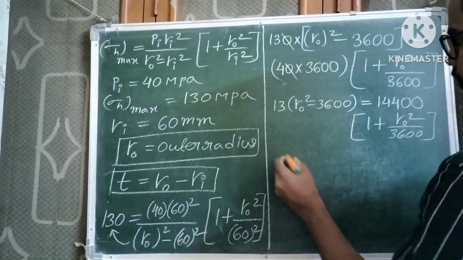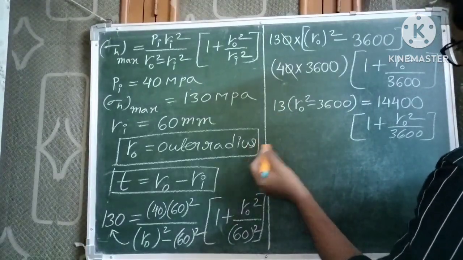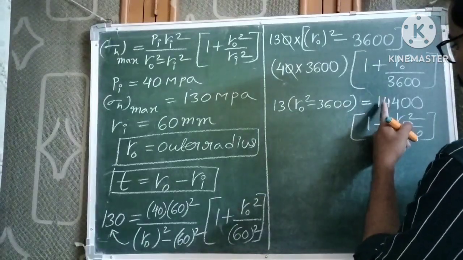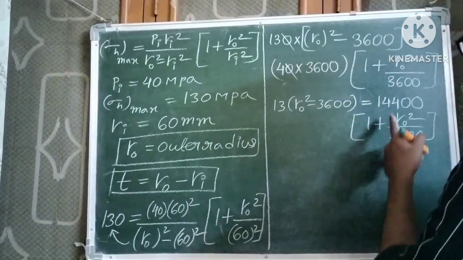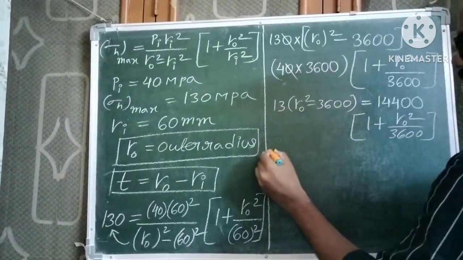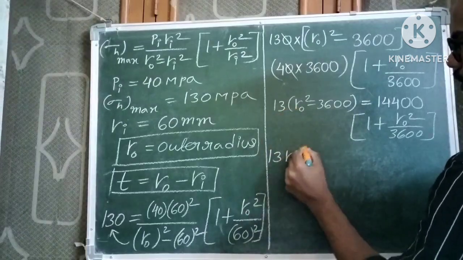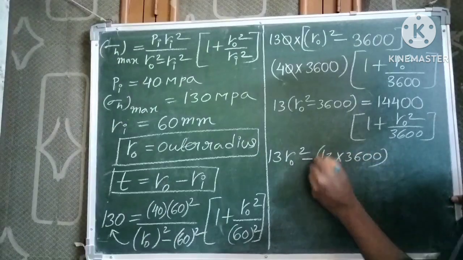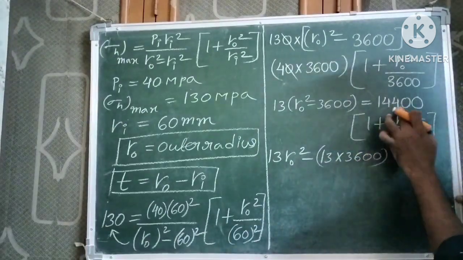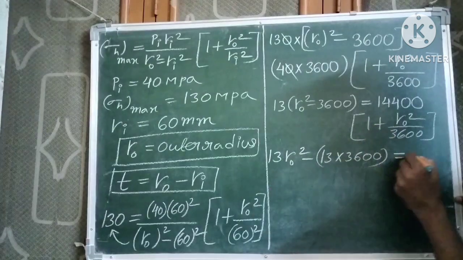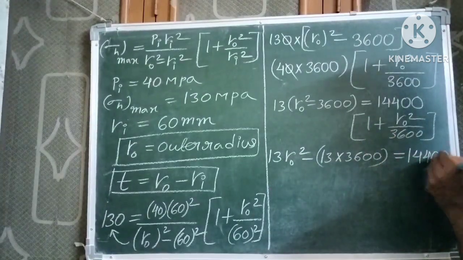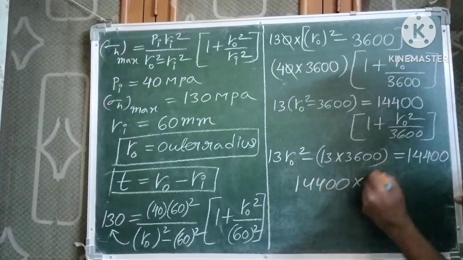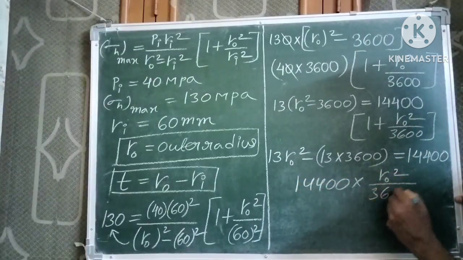You can transpose, no problem, or do one thing: distribute this. Distribute 13 here. 13 into R naught square, 13 R naught square, minus 13 into 3600 is equal to 14,400 into 1 plus 14,400 into R naught square by 3600.